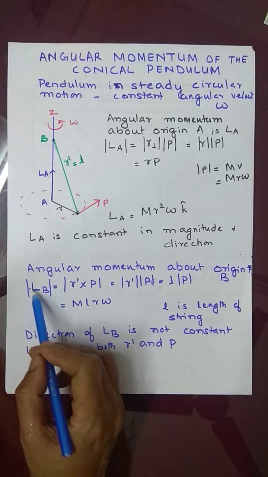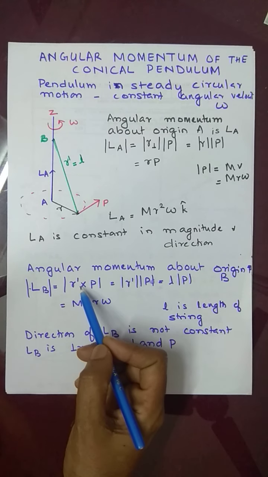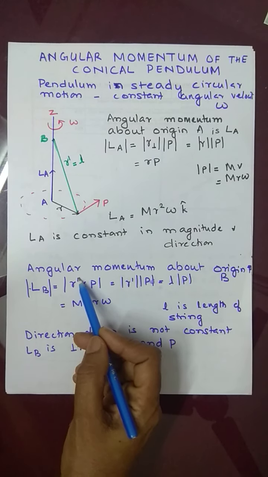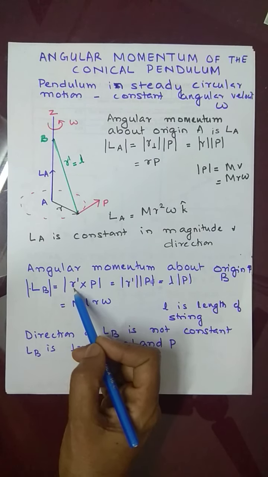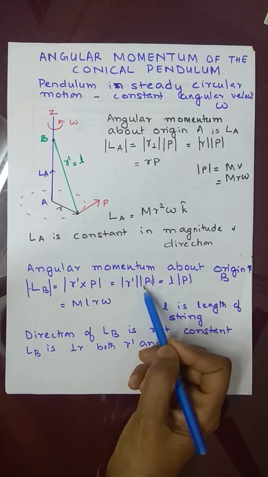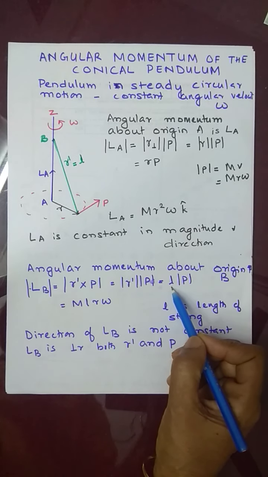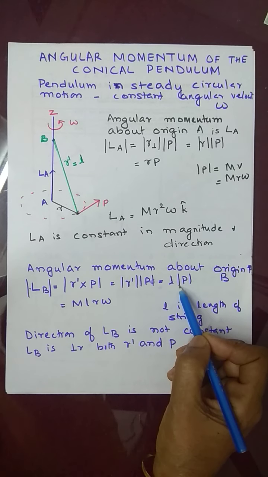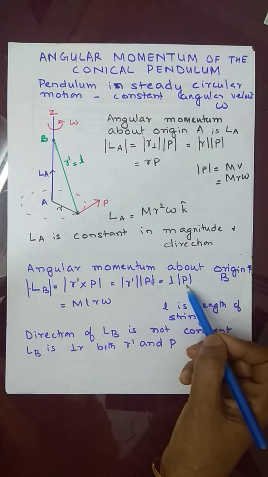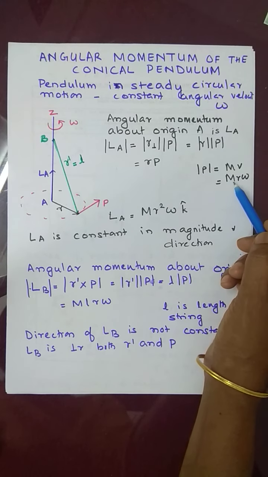So angular momentum with respect to origin B, LB, this is the magnitude of angular momentum, is the magnitude of R prime, R dash, cross P, which is equal to the magnitude of R prime into the magnitude of P. The magnitude of R prime is the length of the pendulum L, into the magnitude of P. P is mv, we have found out earlier, that is m r omega.